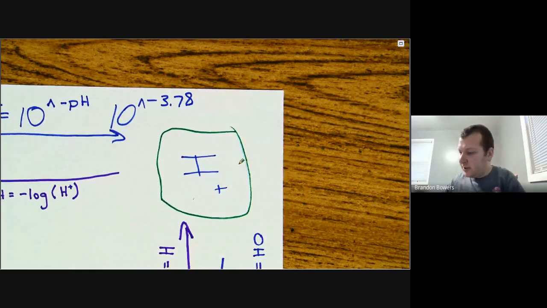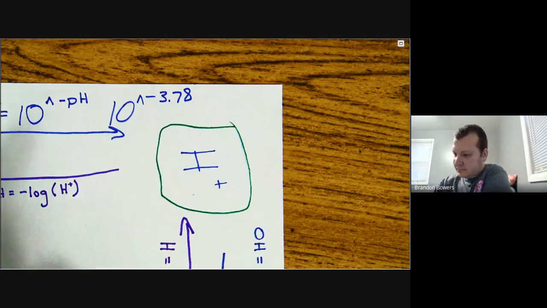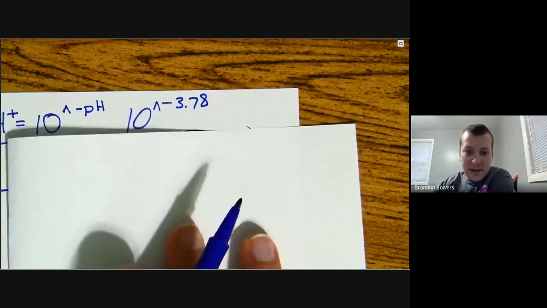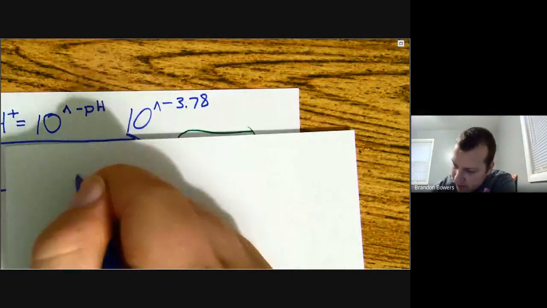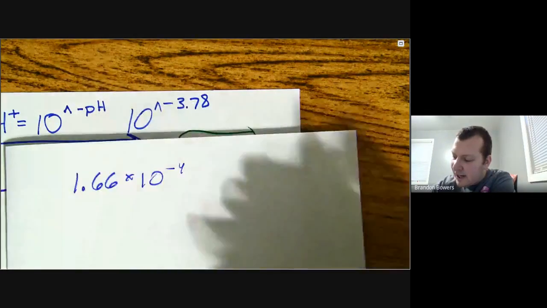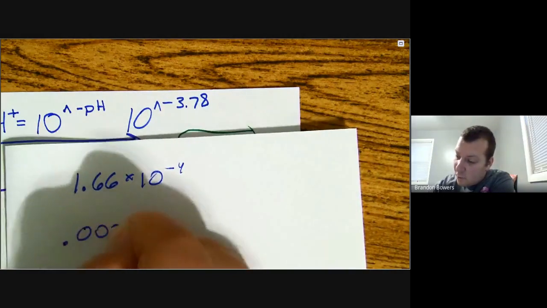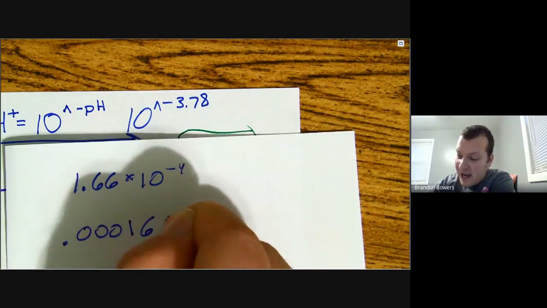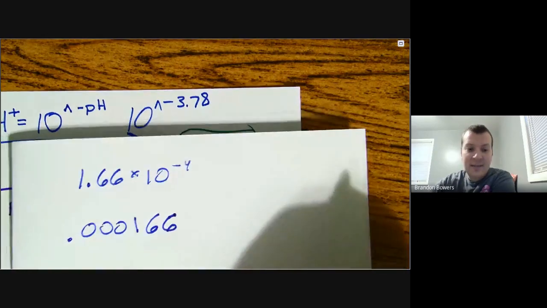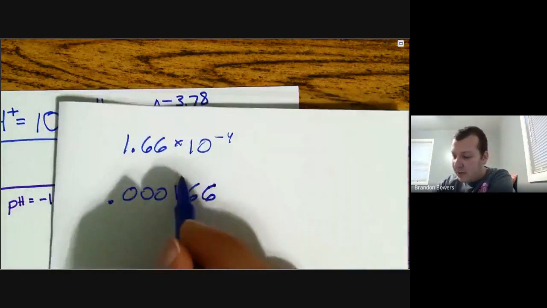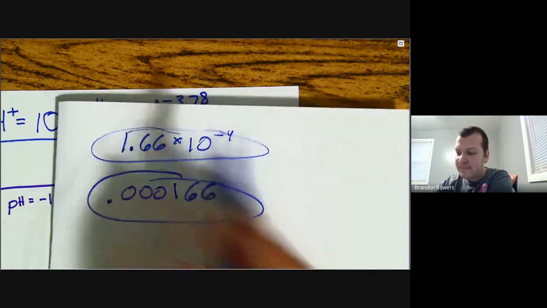Depending on the type of calculator you have, I got 1.66 times 10 to the negative 4th. You might have gotten 0.000166, etc. Depending on your calculator, both of those answers are correct.